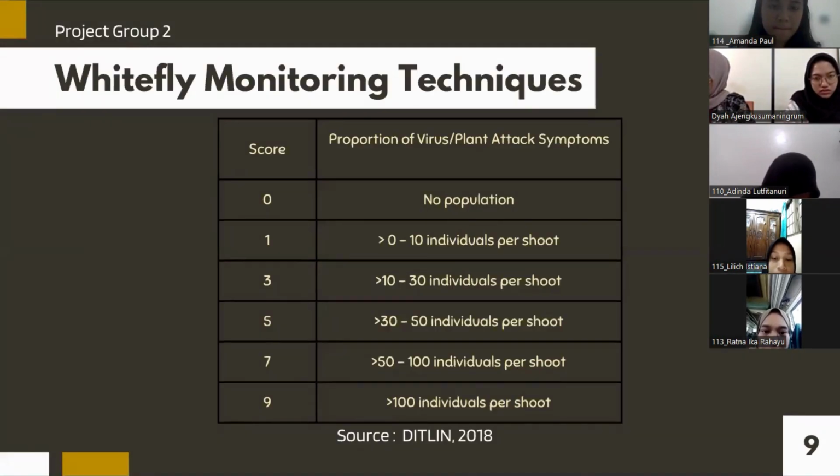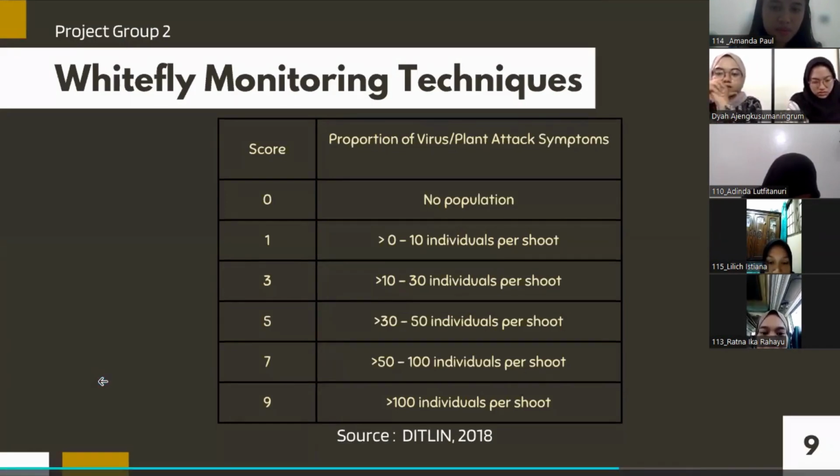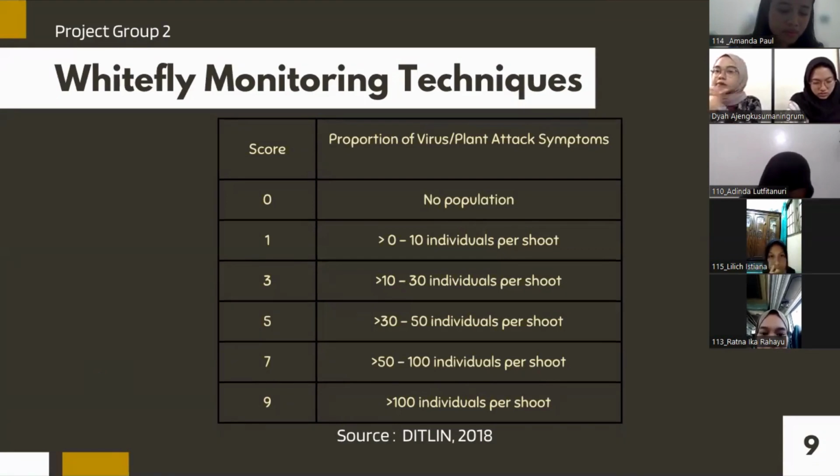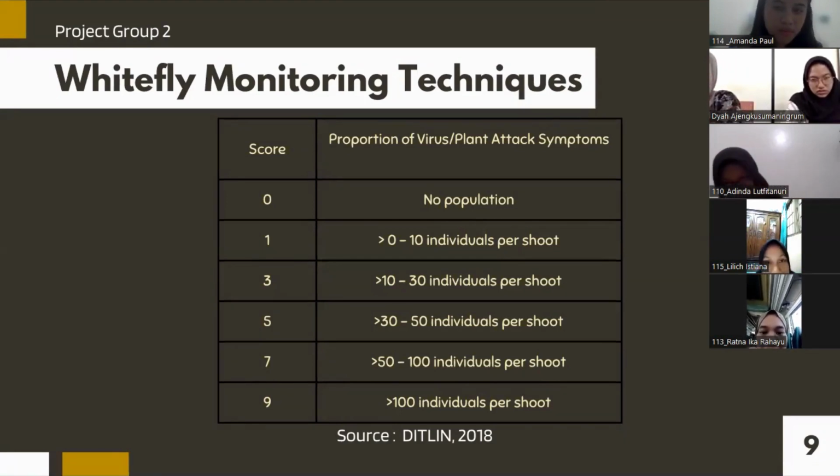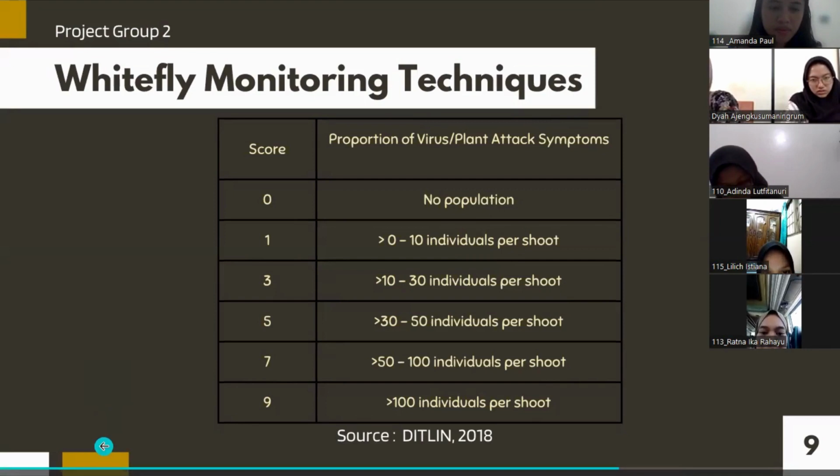This is the scoring for whitefly monitoring technique. Score 0 is no population. Score 1 is 0 until 10 individuals per shoot. 3 is 10 until 30 individuals per shoot. 5 is 30 until 50 individuals per shoot.